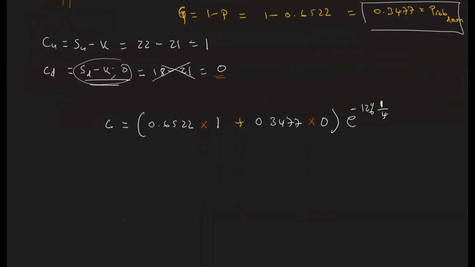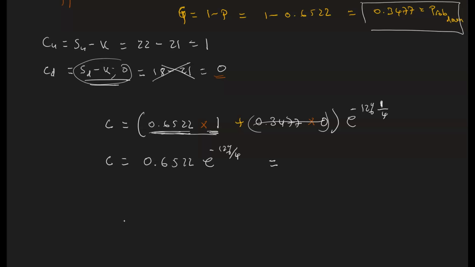Alright, so what do we have? The call is going to be equal to essentially this. That part is going to be equal to 0, so we can essentially cancel that. And this value multiplied by 1 is just that. So it's going to be equal to 0.6522 multiplied by the present value, which is minus 12%, divided by 4.